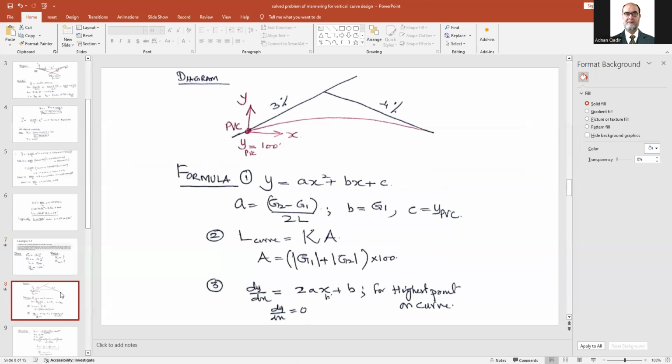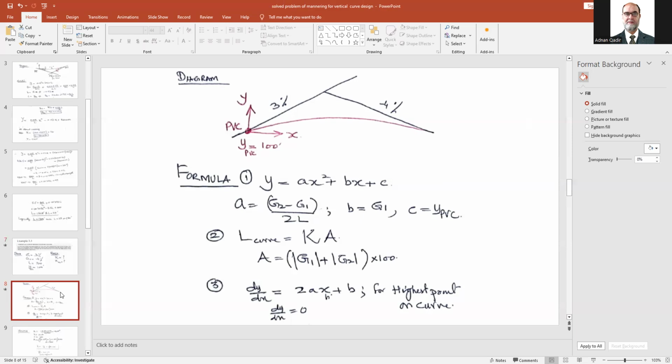The general formula for elevation at any point along the curve is y equals ax square plus bx plus c. We know that a is the difference of the grades divided by twice the length of the curve. B is the gradient G1, and c is the elevation at the point of commencement of the vertical curve.